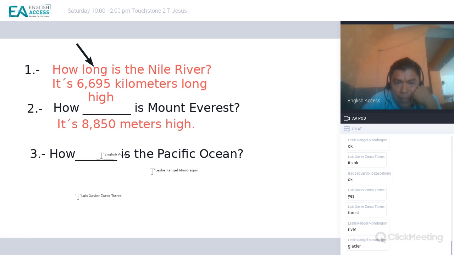And number 3, how is the Pacific Ocean? Remember, we're working with the article in our book. How deep? That's right. How deep is the Pacific Ocean? Yes, deep. And the answer?